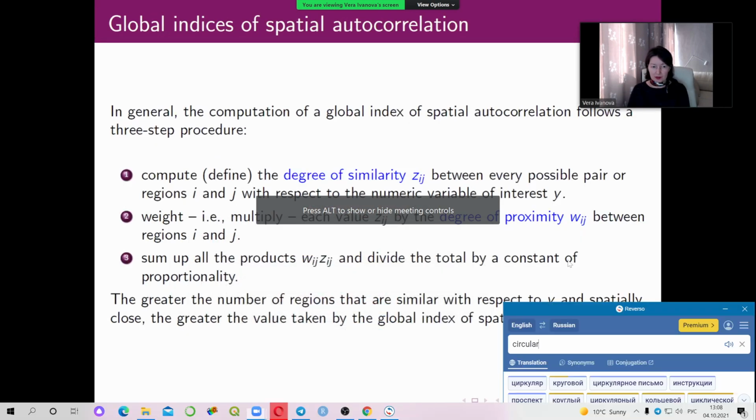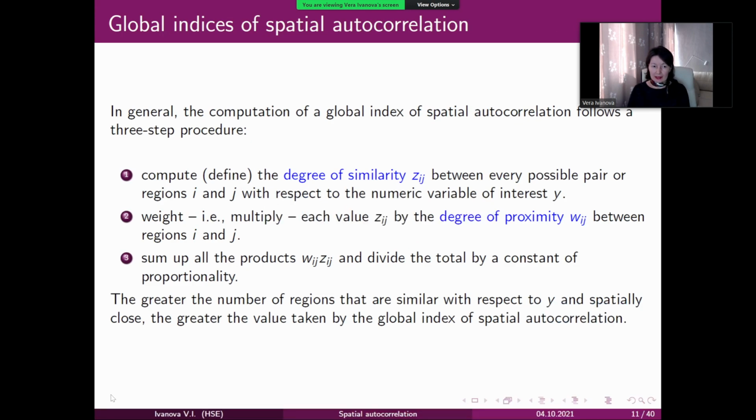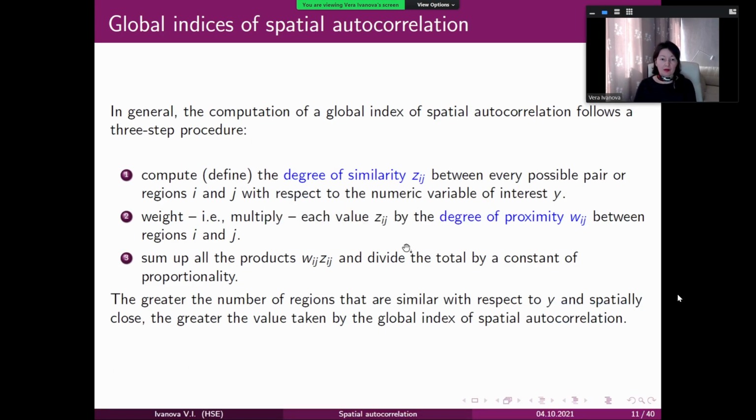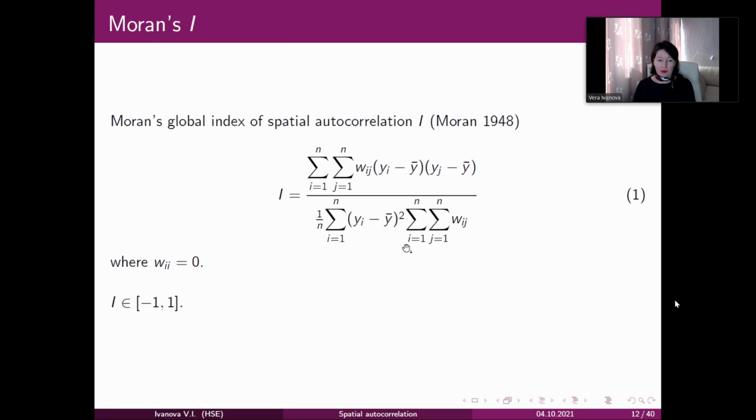We introduce two global indices of spatial autocorrelation, Moran's index and Geary's index. Moran's index of global spatial autocorrelation is this formula.